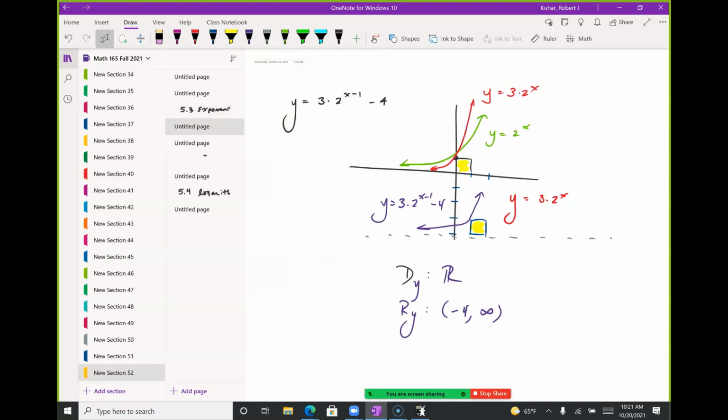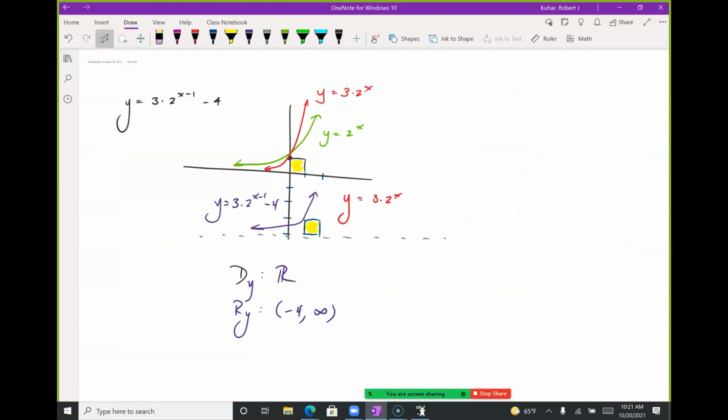So here's me starting with a simple function in green, y equals 2 to the x. And you see my square there, my 1-by-1 square? That's the same one I used with the other mother functions, because I'm going to be focused on where that moves, right?